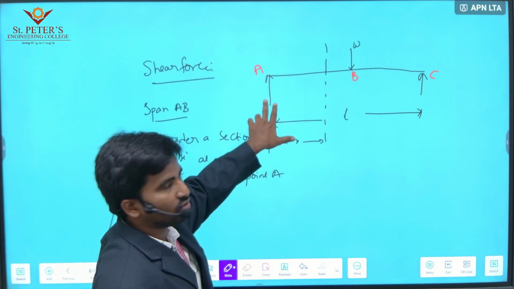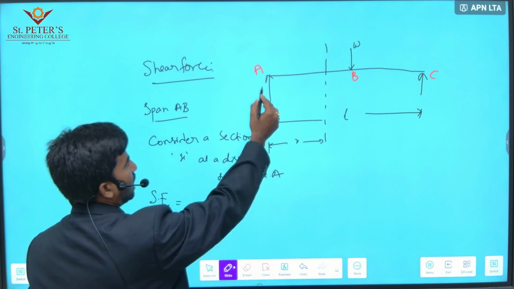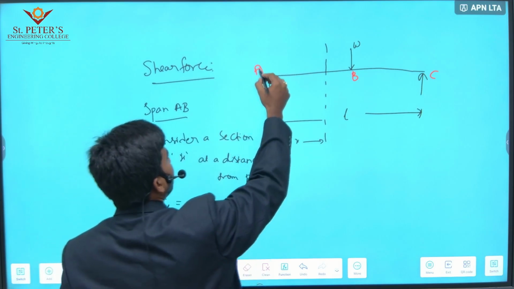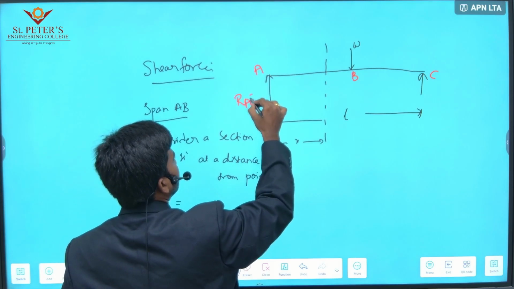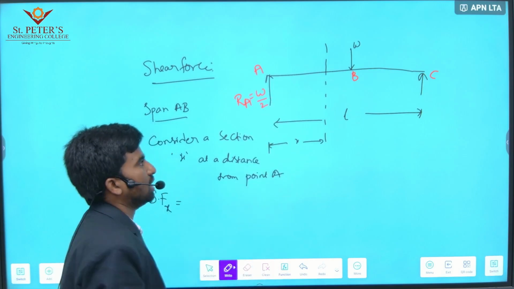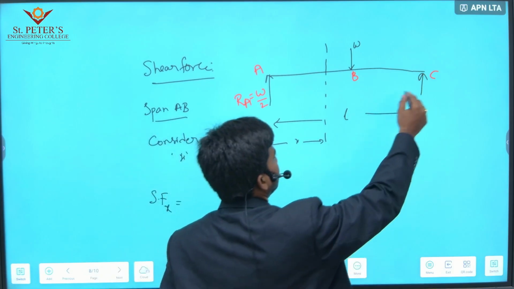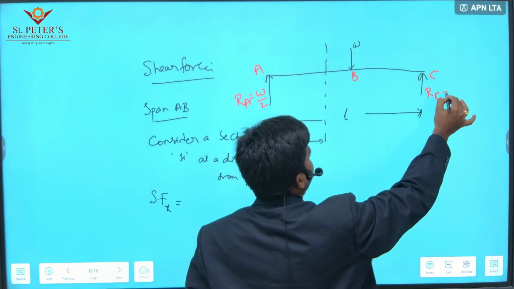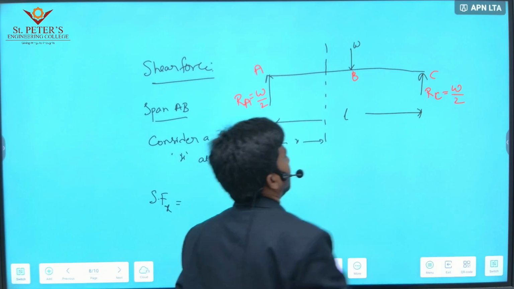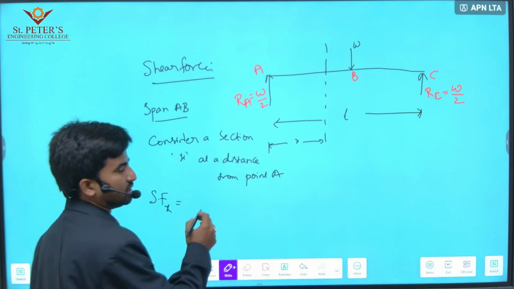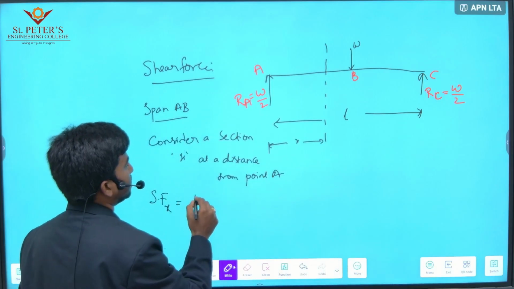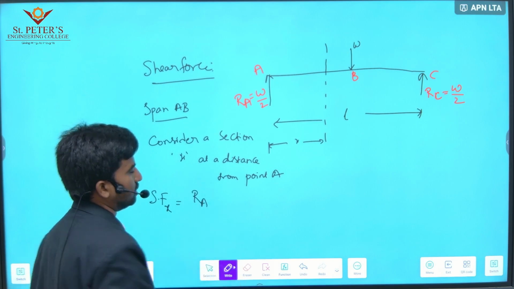Totally only one force is there, nothing but RA. We got the value RA is W by 2. Simply we can say that if a load acts at center point, the load shares equally, half to RA and half to RC. Therefore for the shear force only one force is there, nothing but RA.